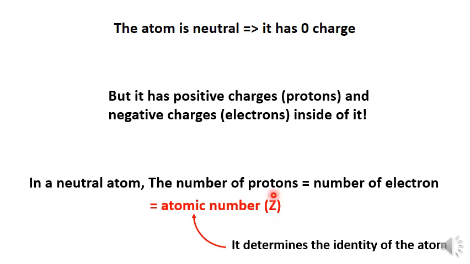When we had 7 protons, it was nitrogen. This is the identity of the atom. When we had 20 protons, which is the atomic number equal 20, it was calcium, and so on. So the identity differs according to the atomic number, which is equal to the number of protons and consequently equal to the number of electrons, because the atom is neutral. And we can symbolize the atomic number with the letter Z.